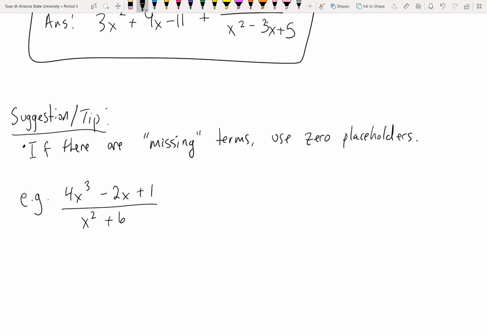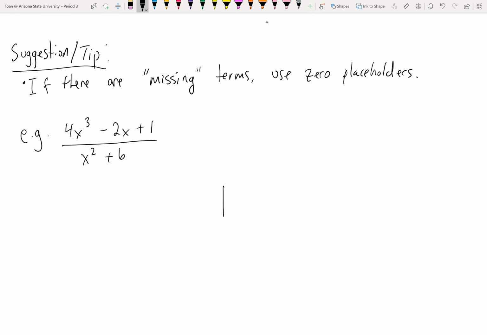Suppose I ask you to divide that. We'll set up our division bracket. Again, we're only setting this up, we're not going to solve this. Now, we are dividing by x squared plus 6, so that's what goes on the outside. So I write an x squared.